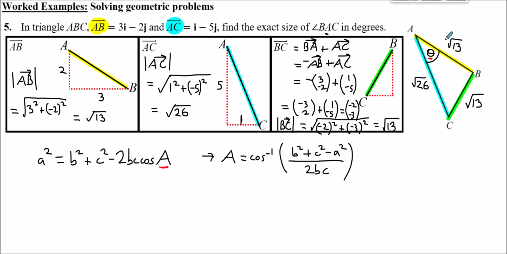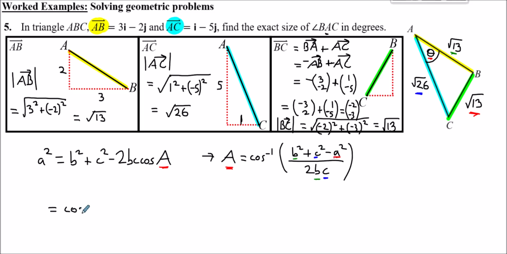So opposite to theta is root 13, and so our a, if you like, is this root 13. The other two sides do not particularly matter at all. In any order, let's call b root 13, and we can call c root 26.